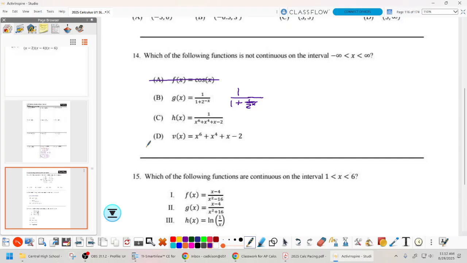Well, first of all, I'm going to write it bigger so I can talk about it. The issue would first be if this is 0, that would cause an issue. But also if this whole denominator is 0 as well. So can 2 to the x ever be 0?